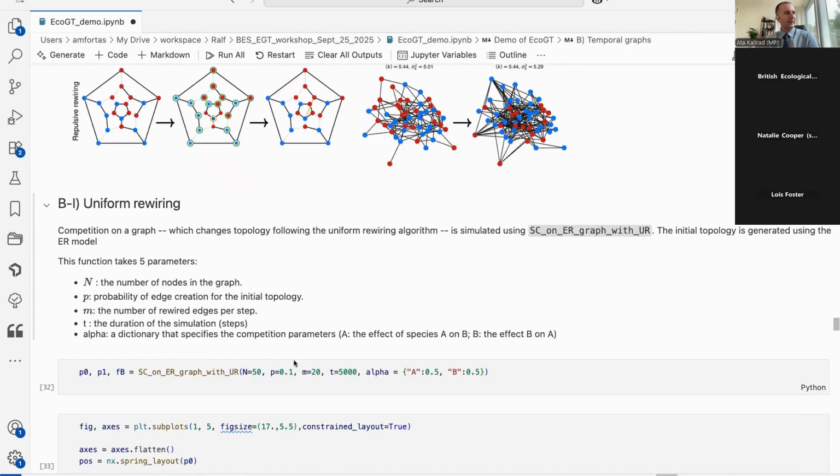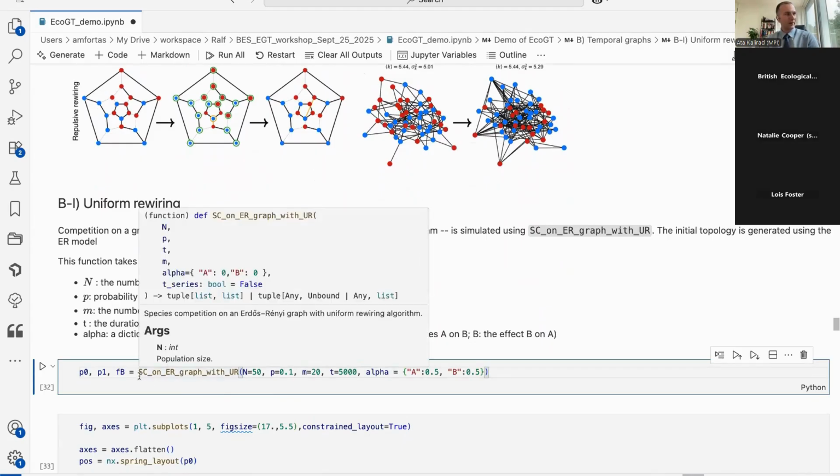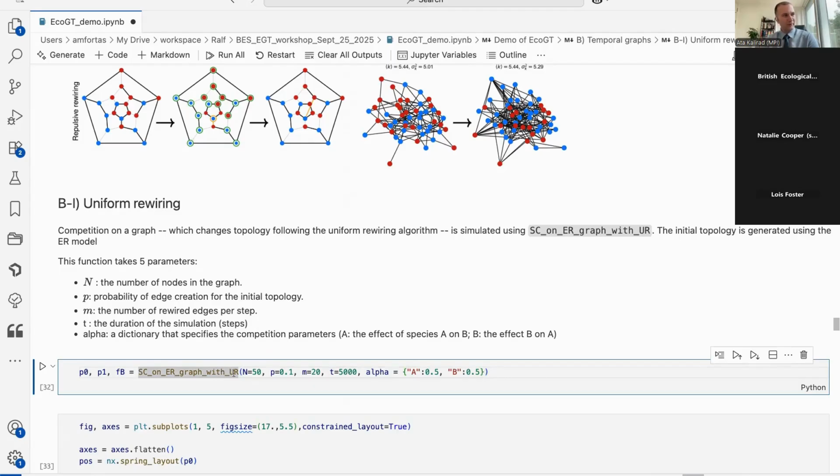Now, in the code associated with it, we have a method called species competition on Erdős-Rényi graph with uniform rewiring algorithm. This one starts from an Erdős-Rényi graph with a given probability, which is the probability for the initial topology, and then a parameter m, which is the number of rewired edges per step, and then you can give it the species competition.